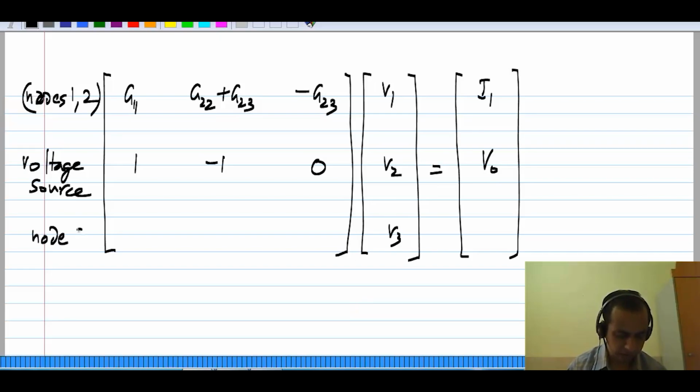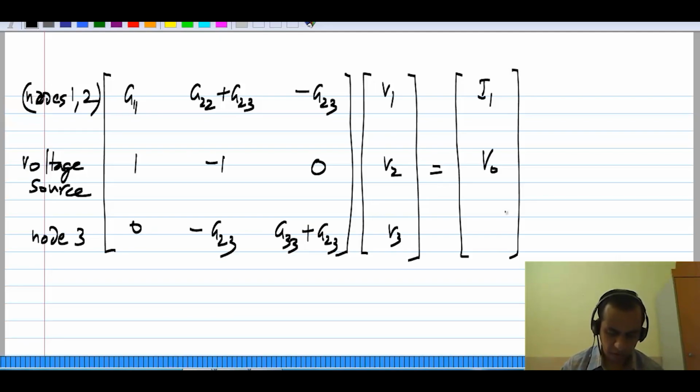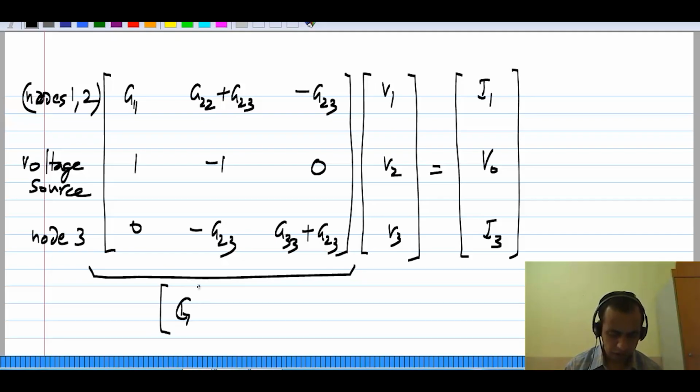And finally, we have the equation for node 3, which says that G33 plus G23 and minus G23 will be equal to I3. So this is the G matrix.